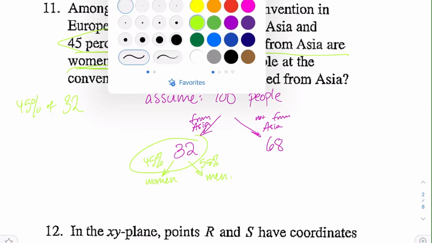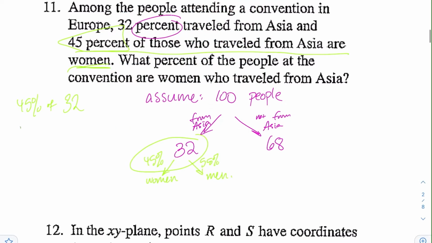And when you have 45% of 32, that would be 0.45 multiplied by 32. And when you move the decimal point 2 places, that would be 14.4 people.